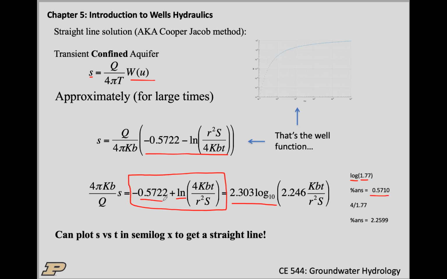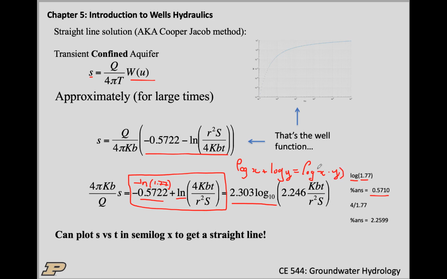Okay, so 0.57 here we can replace by the natural log of, what is it, 1.77, with a minus in front. Now the other thing with the logs, you'll remember that log x plus log y equals log of xy, x times y.